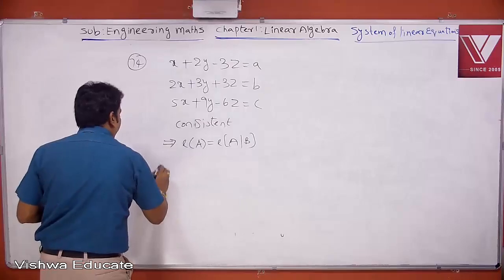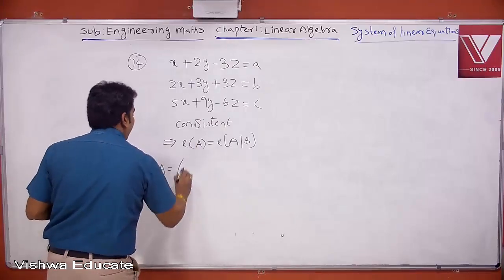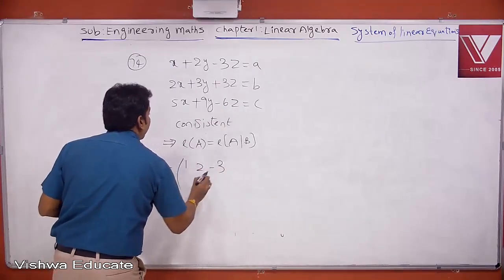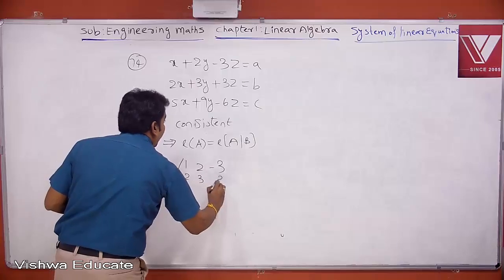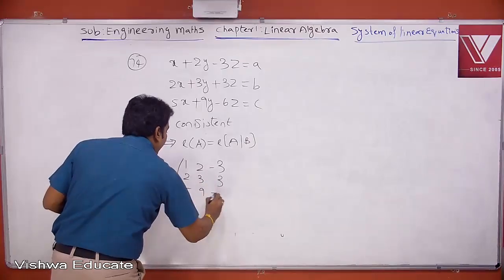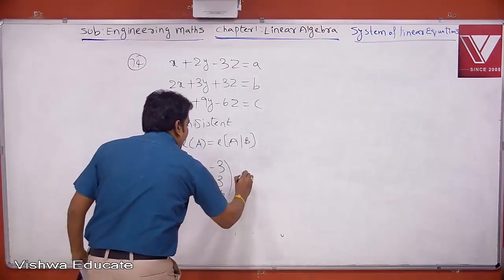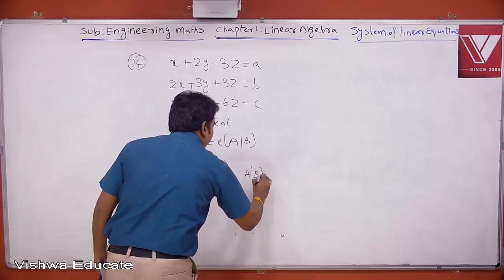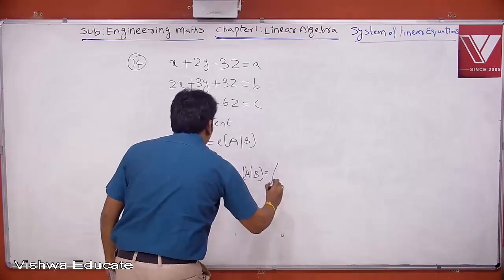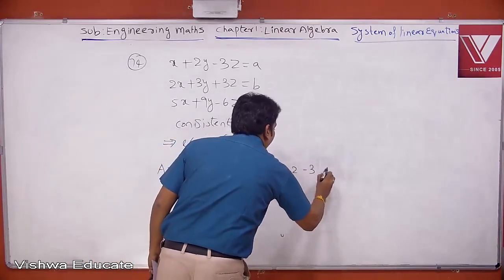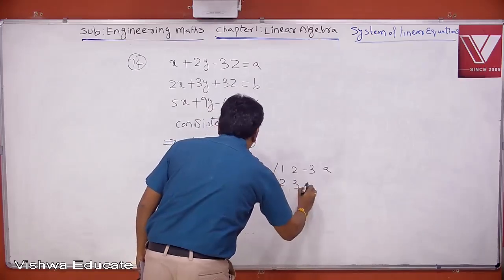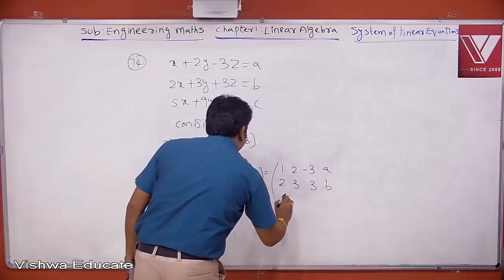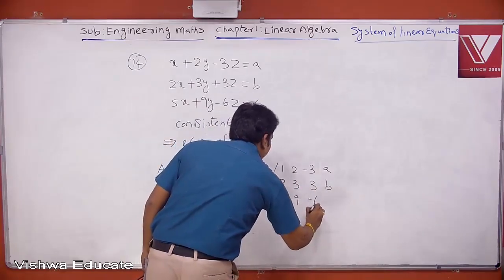Now what is my matrix A? Coefficient matrix. That is [1 2 -3; 2 3 3; 5 9 -6]. What is augmented matrix? A|B equal to [1 2 -3 a; 2 3 3 b; 5 9 -6 c].